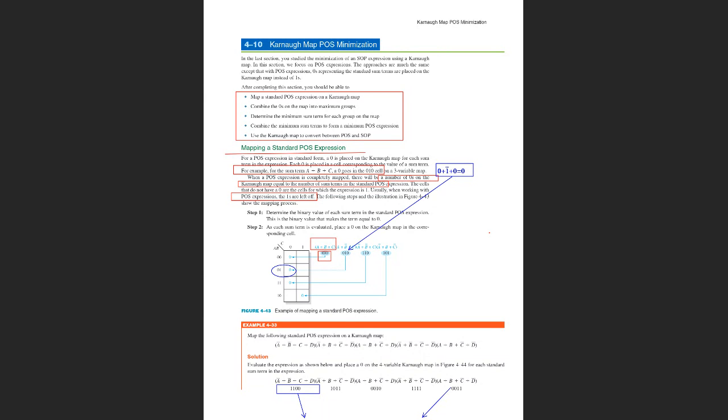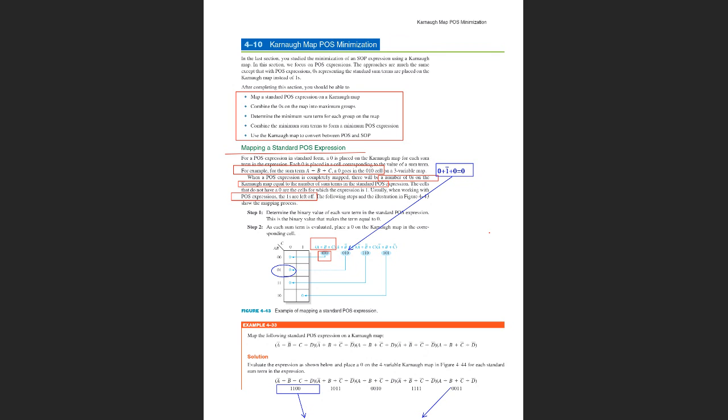For instance, in this expression, the first sum is A plus B plus C. This sum is 0 whenever all variables are 0. So in the cell at address 000, we put 0.